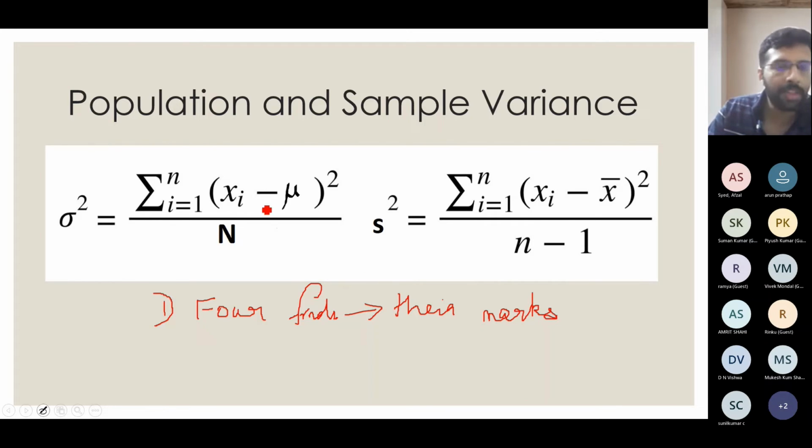Tell me whether in that case you will compute the population variance or sample variance. Chat, I need answers. We have 4 friends and we are finding the variance of their marks for a particular subject. Which formula would you go for? Is it a population or a sample?